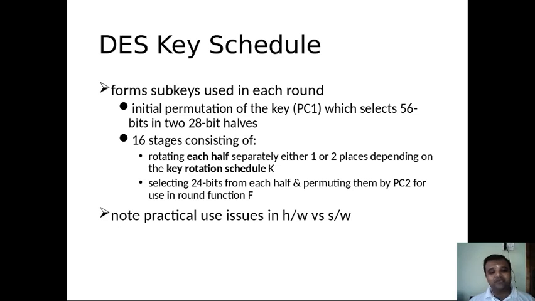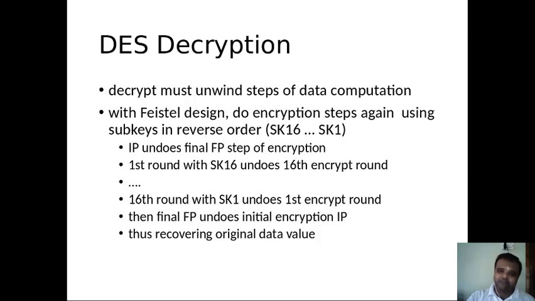Then you have 16 stages of rotation and subkeys, because each round key has to be generated. So you have 16 stages of shifting, and a second permutation which converts the 56 bits into 48 bits. So each round of the data encryption standard gets 48 bits of subkeys.